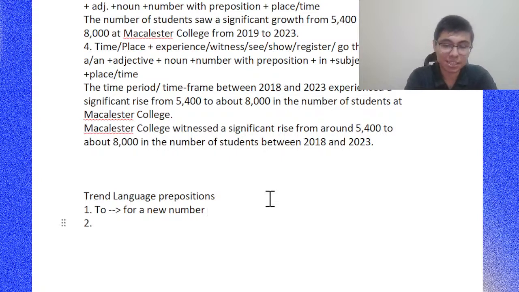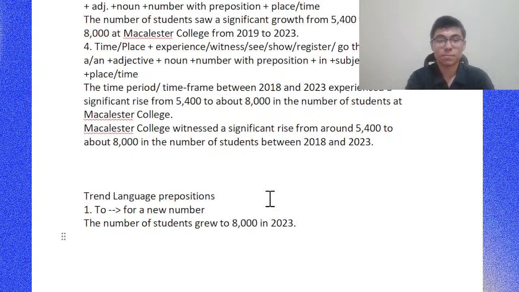So I'm going to give an example for that. The number of students grew to 8,000 in 2023, for example. To is used to tell a new number, a new change, for example.